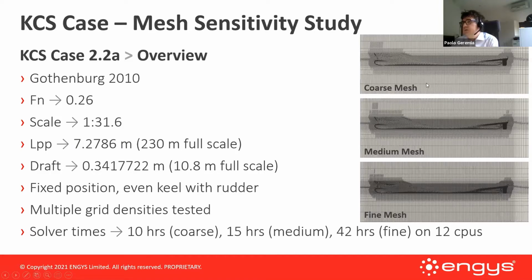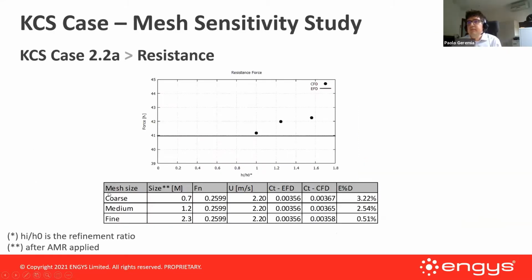We keep the same settings, we just change the density, and we want to compare the results in terms of calm water resistance. So in terms of solver times, we ran from 10 hours to 15 hours to 42 hours for the 3 different grids running on 12 cores. And the mesh size after the AMR was applied ranged from 0.7 million cells to 2.3 million cells for the fine one.